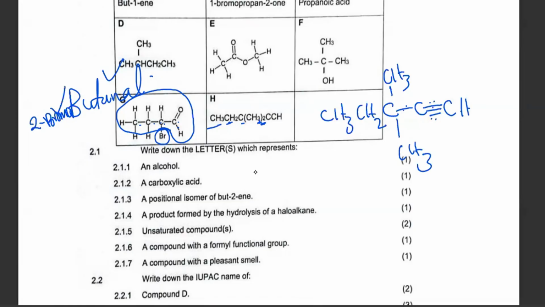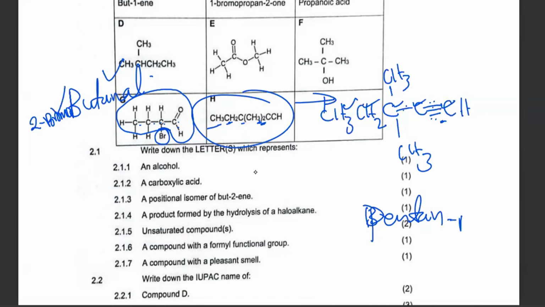So now let's count it, or let's give it a name. 1, 2, 3, 4, 5. So it's 5, pentane. But the functional group is on carbon atom number 1, and there are 3 of them. I'm talking about the bonds. So it's going to be 1-yne. That is the first step.